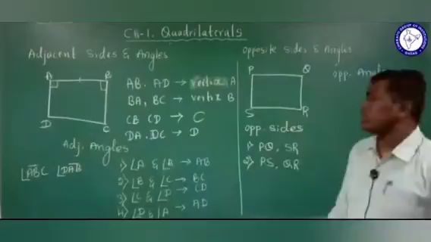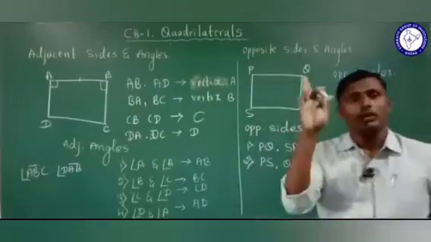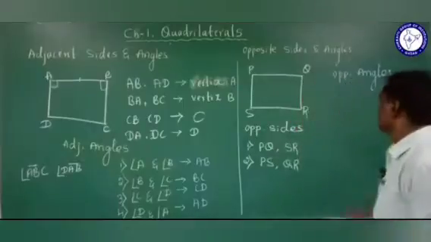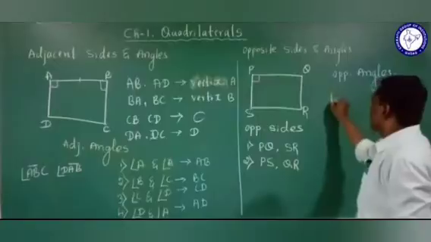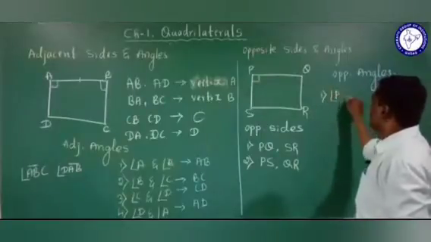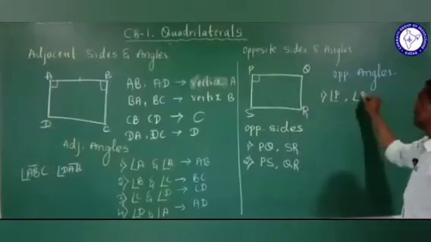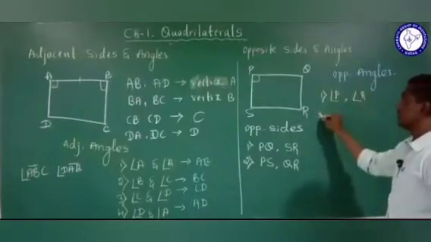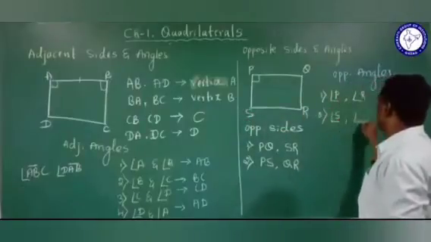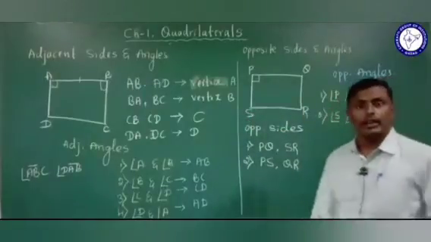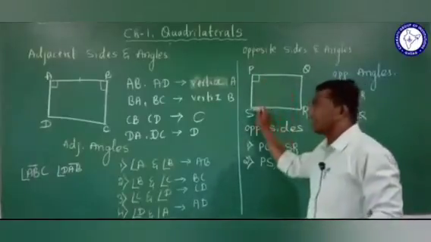And one more thing, in the given quadrilateral we can write only two pairs of opposite angles. So what are the two pairs here? First pair is angle P and exactly opposite angle R. Second pair, angle S and angle Q. Why can we not consider angle P and angle S?